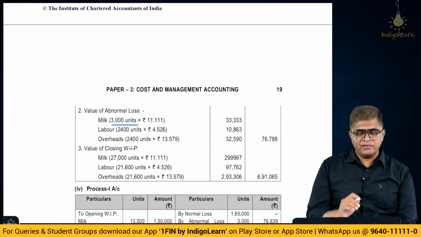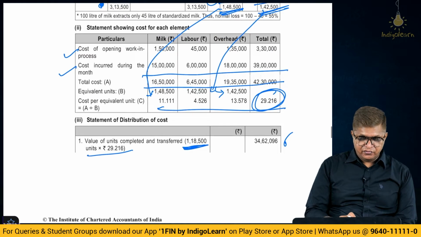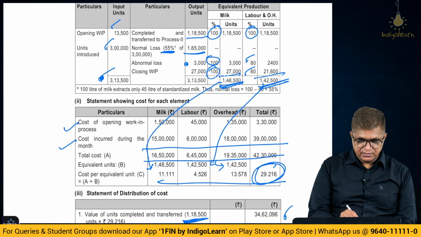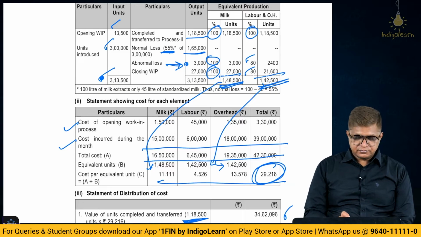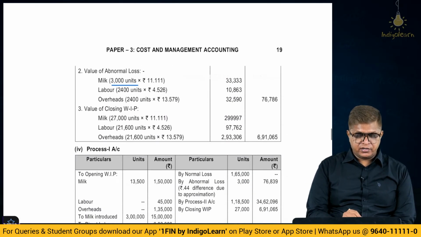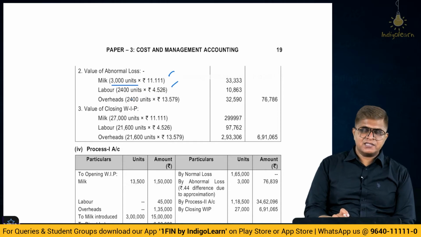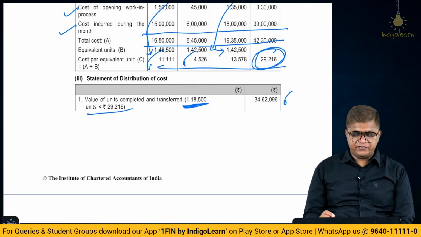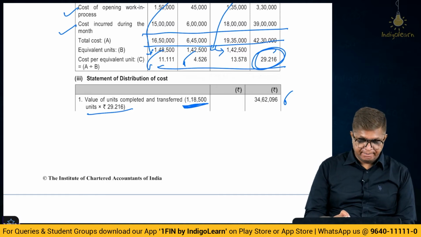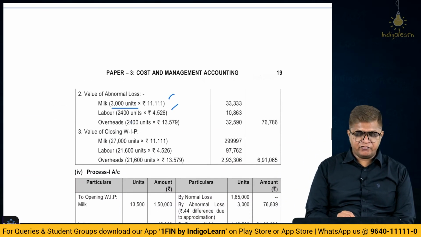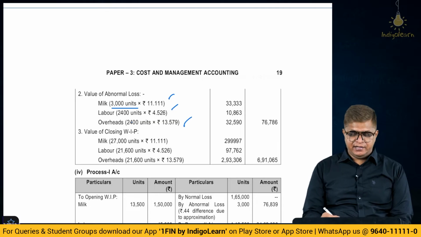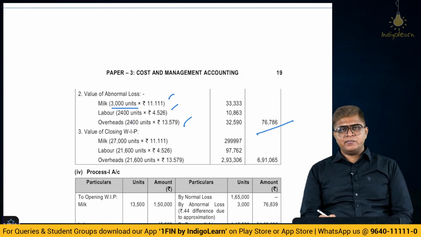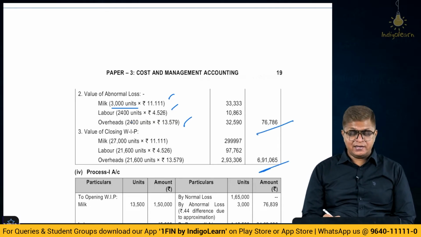This is coming from your equivalent number of units sheet. Labor 2,400. The rates are coming from our previous table, 11.11 and 4.526. So 11.11, 4.526 and 13.579. That is how we arrive at the value of the abnormal loss.